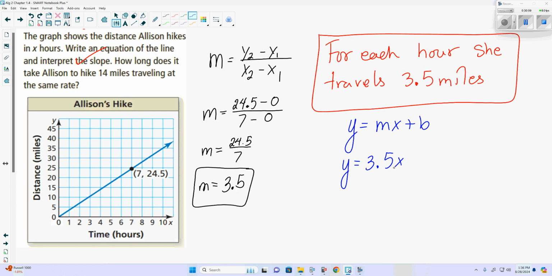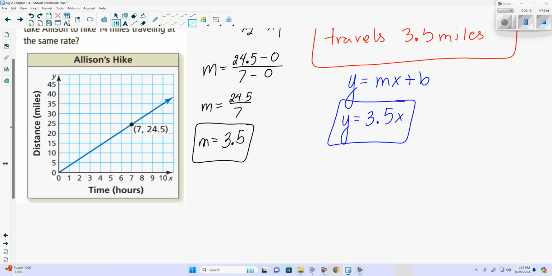So we don't even need to add it in because it is 0. All right. Equation done. Now the only thing we have left is to see how long it'll take her to travel 14 miles.